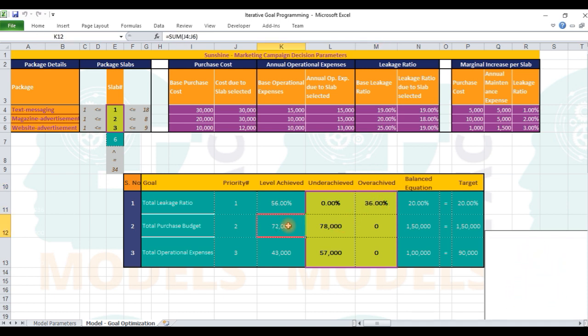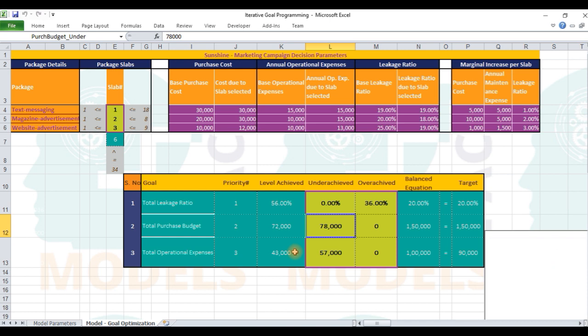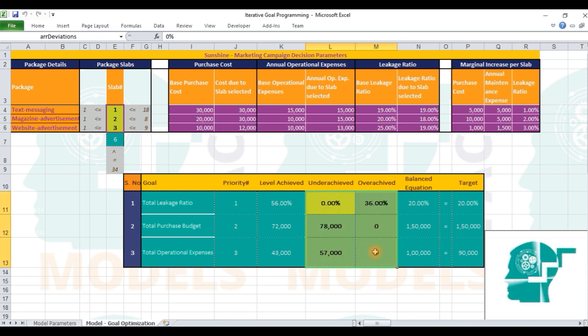This value of 78,000 is short of the maximum stipulated value of 150,000 by 72,000, denoted by this underachieved value, here. These values again will be decided by our optimization model, and form a set of decision values, shaded green, here. All these decision values are shaded green.